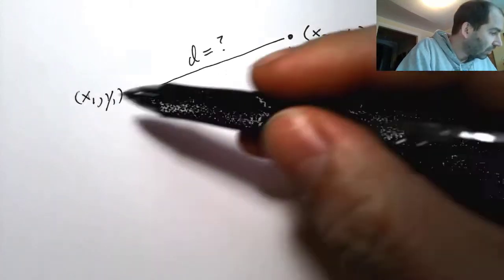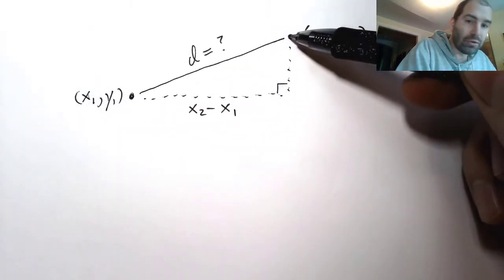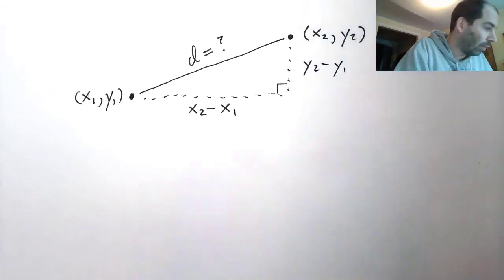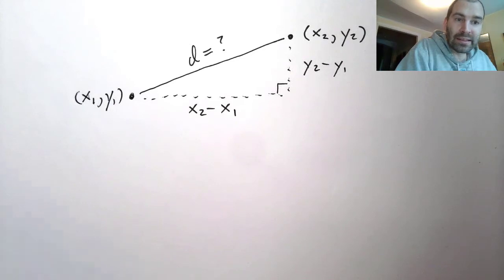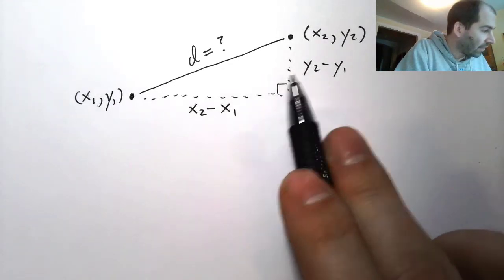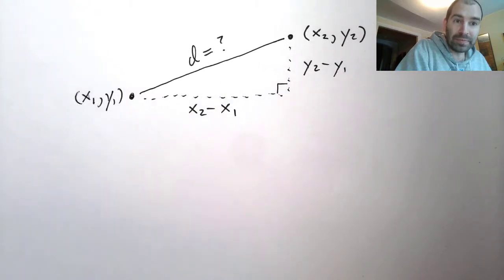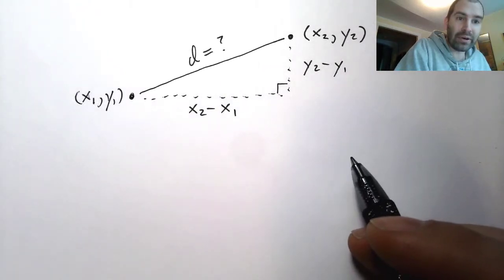This leg goes from y1 to y2, and so its length is y2 minus y1. And since now we know the lengths of these legs of the triangle, we know how to find the hypotenuse, right? We use the Pythagorean theorem.